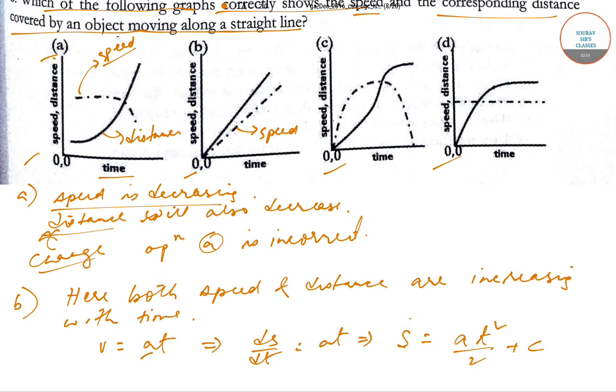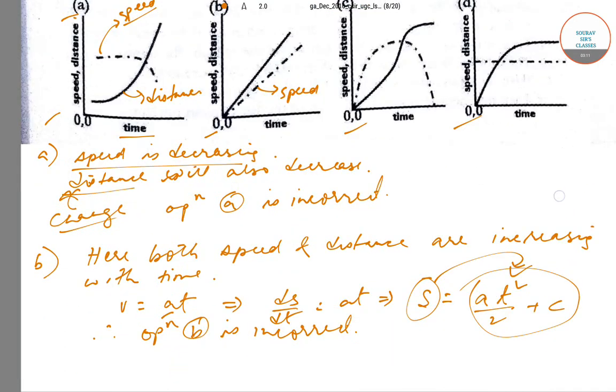So as you can see, the distance curve will be a parabolic curve, a second order equation curve. But as you can see over here, speed is not a parabolic curve but a straight line. So therefore option B is incorrect.